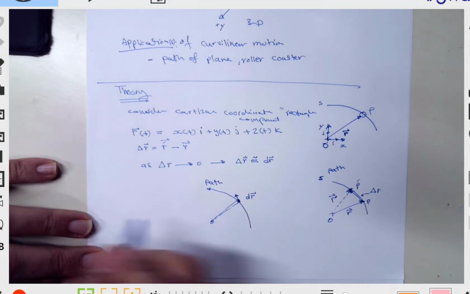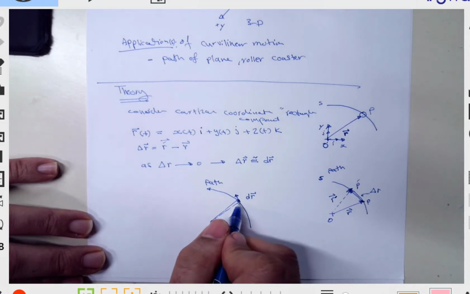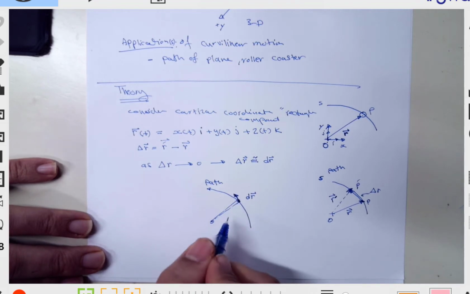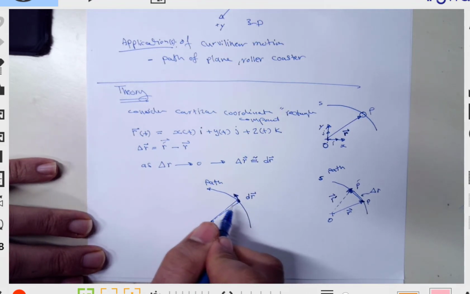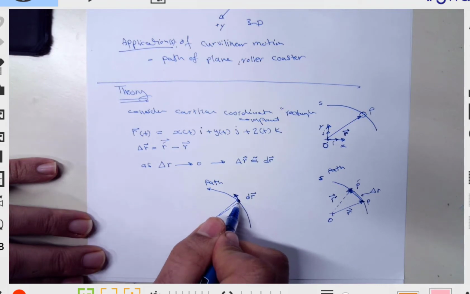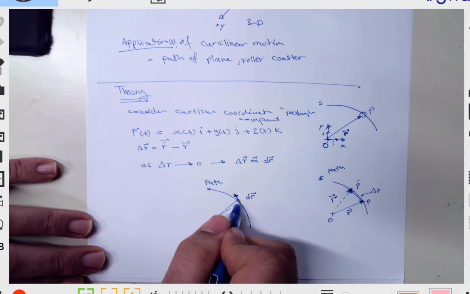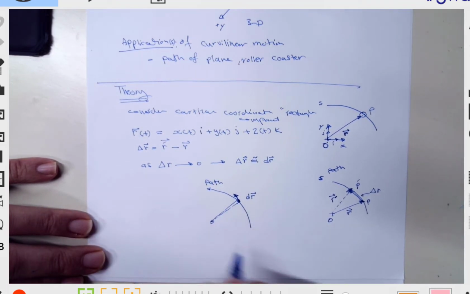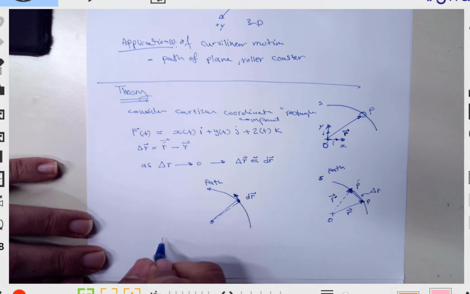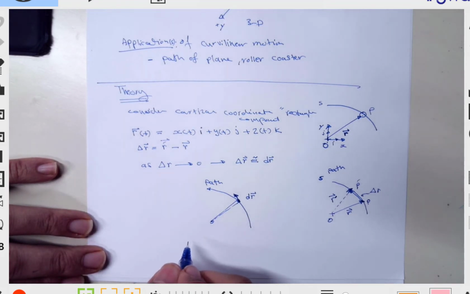So what does it mean? This is a tangent. So the object is moving at this instant location tangent to the curve. So the movement is tangent to the curve and describes the direction of movement or the rate of change.